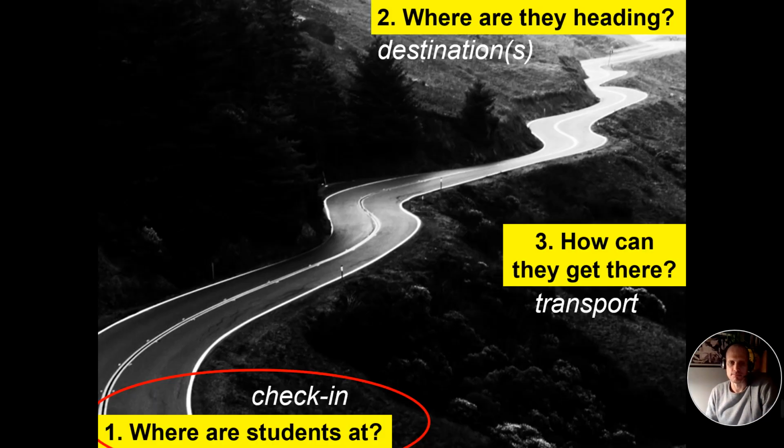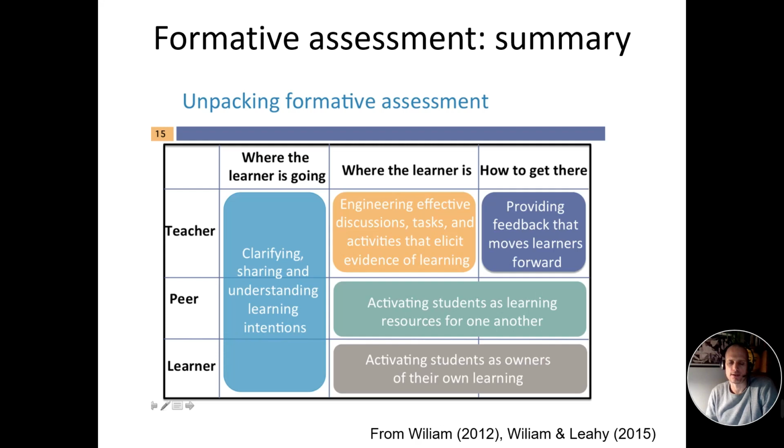And ultimately, and this again is Wiliam and Leahy's take, but you'll see that the same structure of my journey of learning, and we did come up with these separately, I promise, appear here. So you've got where the learner is going, where the learner's at, how they get there, and then you've got different roles for teachers, peers, and learners.